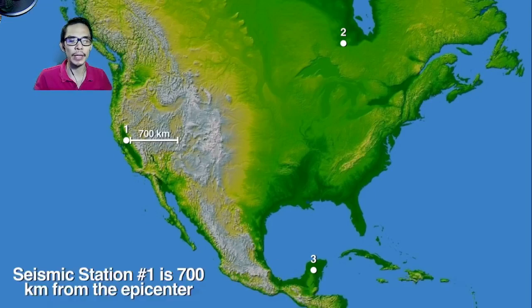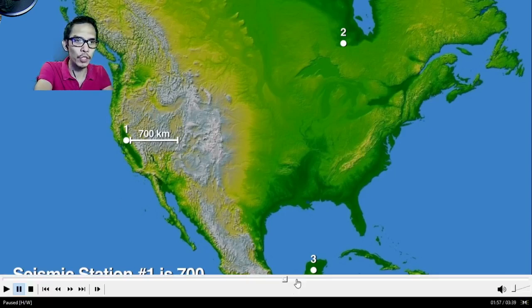So what we will do is make a radius. We will draw a line from the center to that 700 kilometer point, in all directions. Okay, there you have it, and you draw a circle.